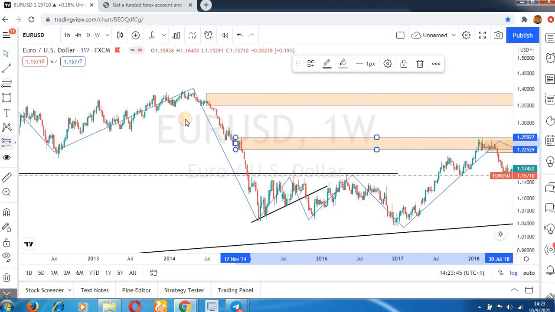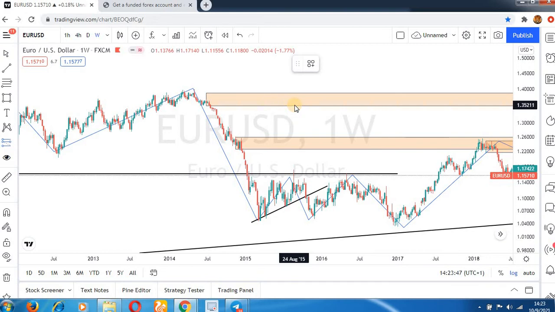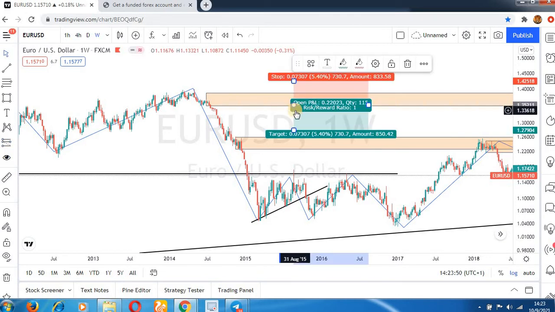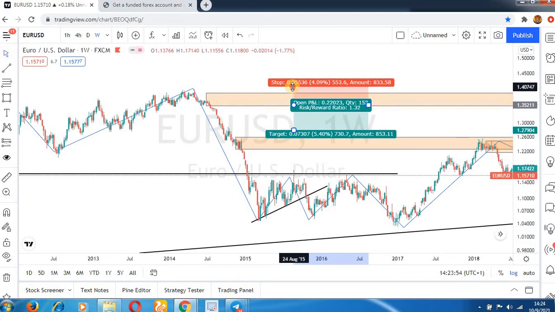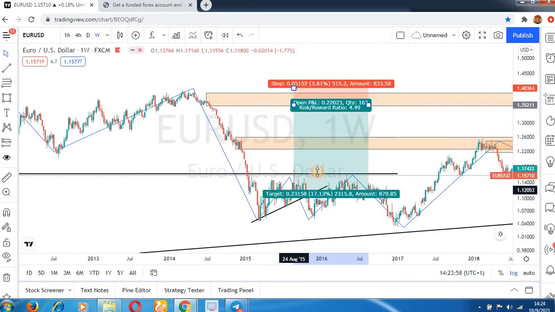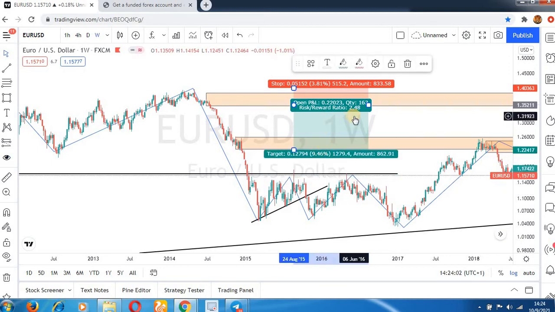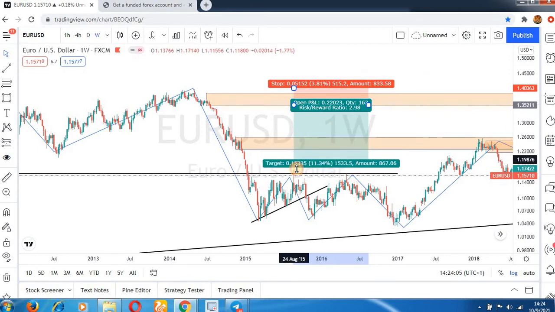So now what do I do? I am working with risk to reward ratio. This is where risk to reward ratio comes into place. If I take trades from here and place my stop maybe above here and target down or target the next liquidity, I find out that I'm making maybe 2R or even more.